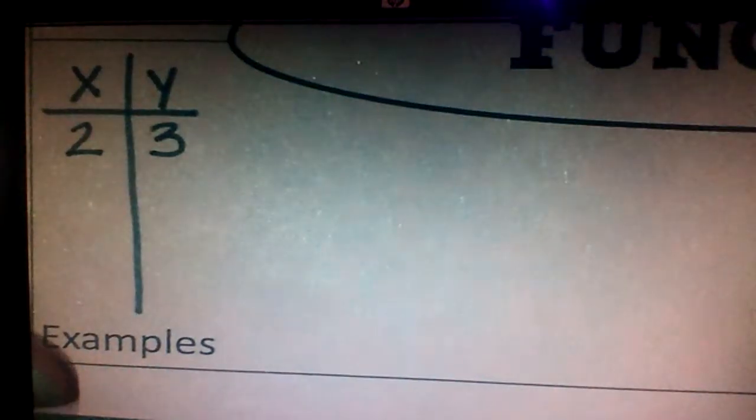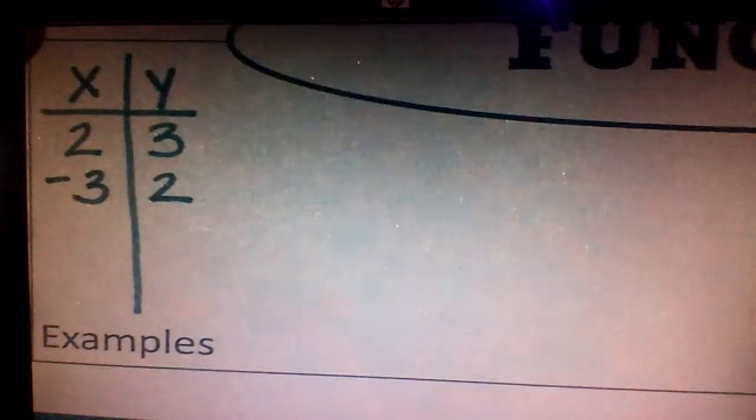All right. So down below that, I want to put some examples of what a function looks like. You can see it as a table. Isn't it where you can't have the same number? So 2 is in a relationship with 3.